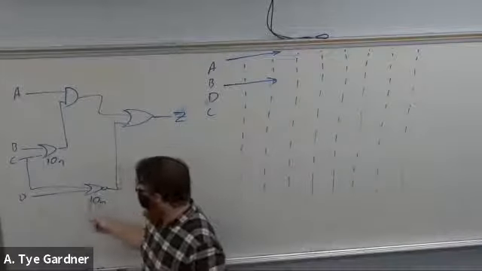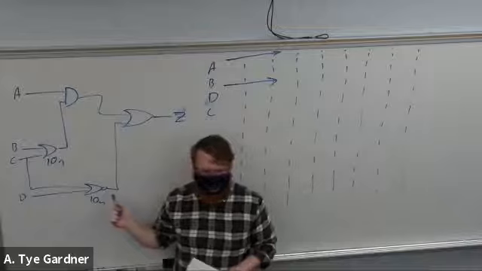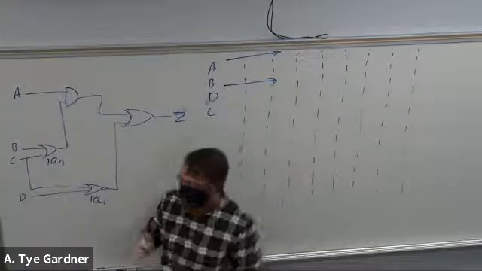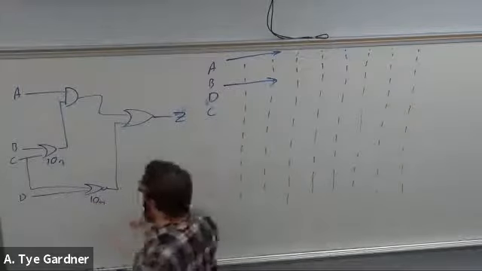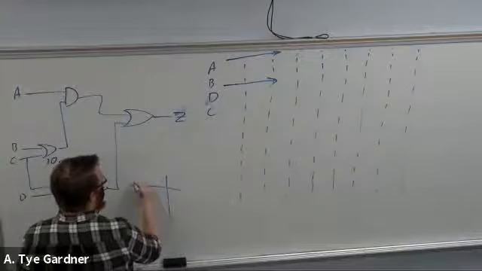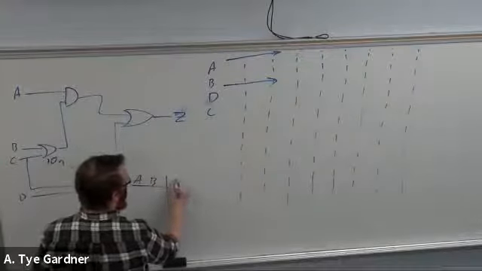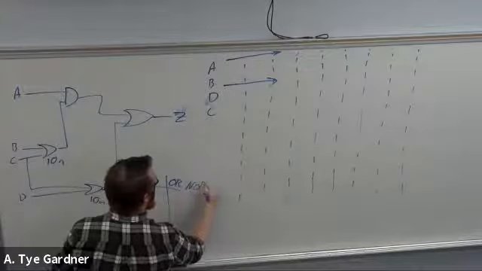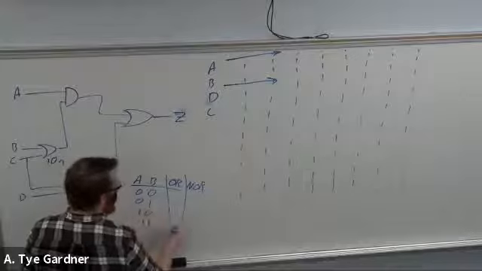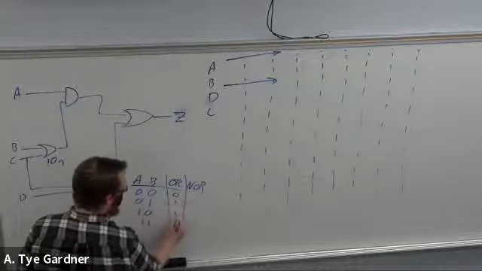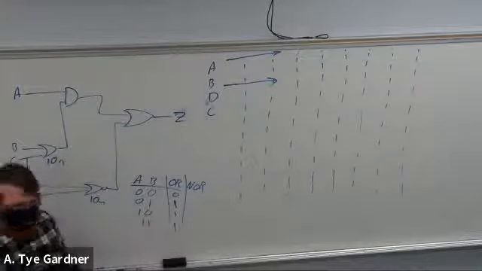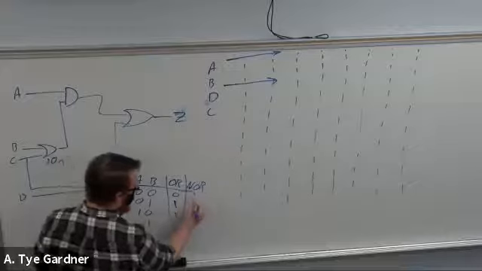D, NOR gate. Well, unsurprisingly, you can find out through the truth table. So if I have A, B inputs, I have OR, NOR. OR is, right? That's OR, NOR is just not that.